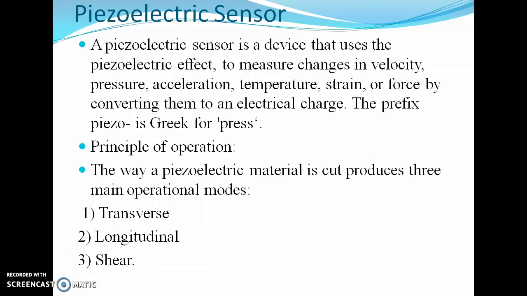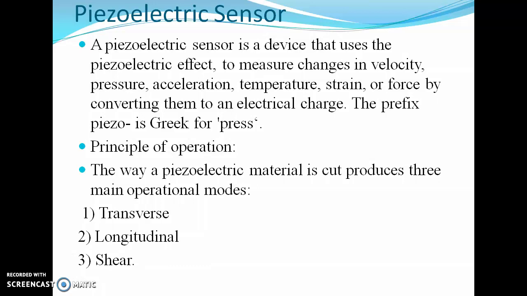So basically it is used to measure velocity, pressure, acceleration, temperature, strain or force. So we have to press that piezoelectric material and alternately there will be a generation of electric charge. The prefix piezo is a Greek word used for press.